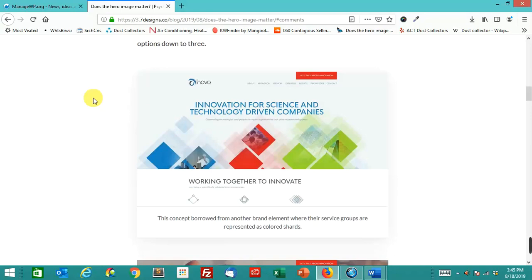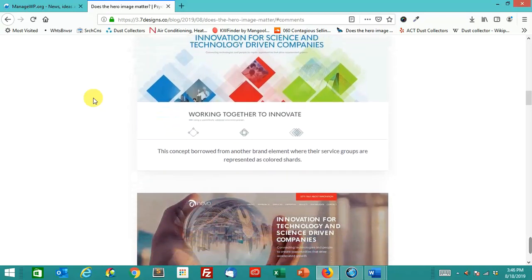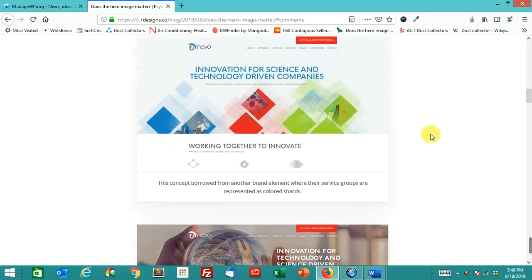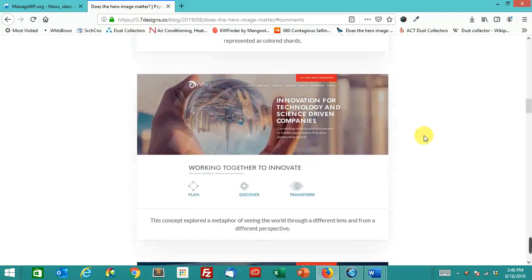So they were looking at these three images. It was either going to be this one here with these kind of blocks, I guess, or squares. There's a blue, red, kind of yellowish green. Or this image of the hand holding a crystal ball, and it's the city reflected upside down.